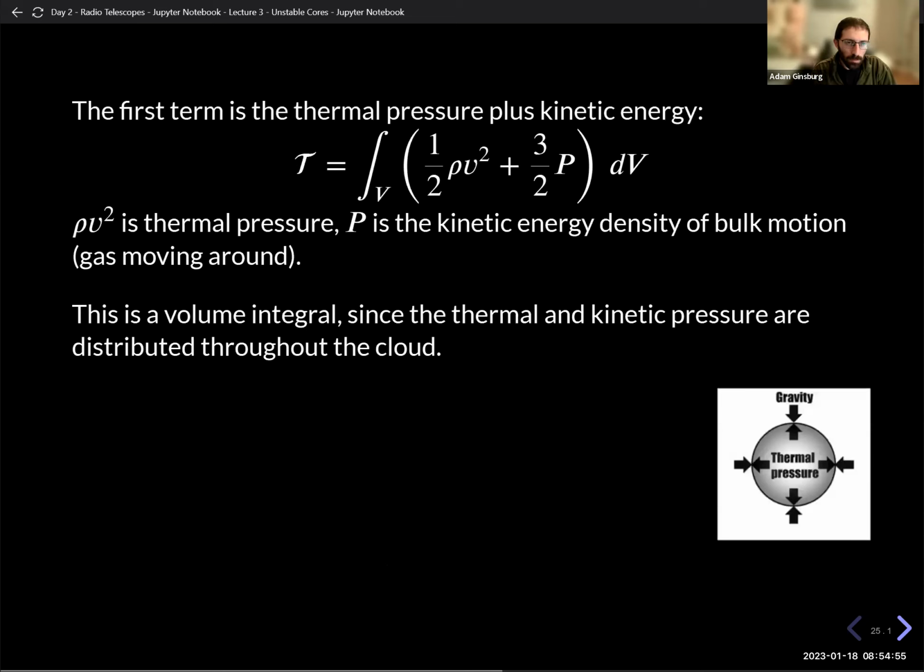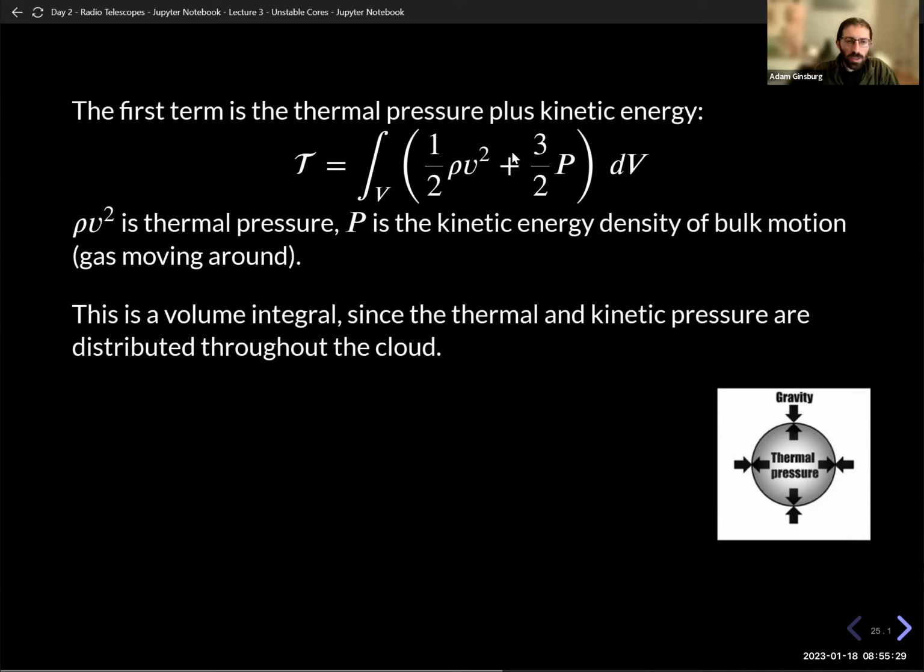The first term is the kinetic term. This script T is the volume integral, so we're integrating over the whole volume of the sphere of rho v squared plus P. Rho v squared is actually the kinetic energy of bulk motion, and P is the thermal pressure. I've mixed these up.